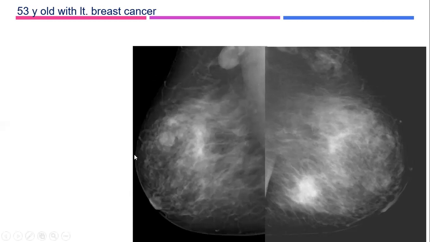There is subtle distortion. My experience at that time was not much. I missed the surrounding distortion, and I missed this pathological lymph node. Even the lymph node here is not as pathological as that node. That was a metastatic lymph node, and the patient has bilateral breast cancer.